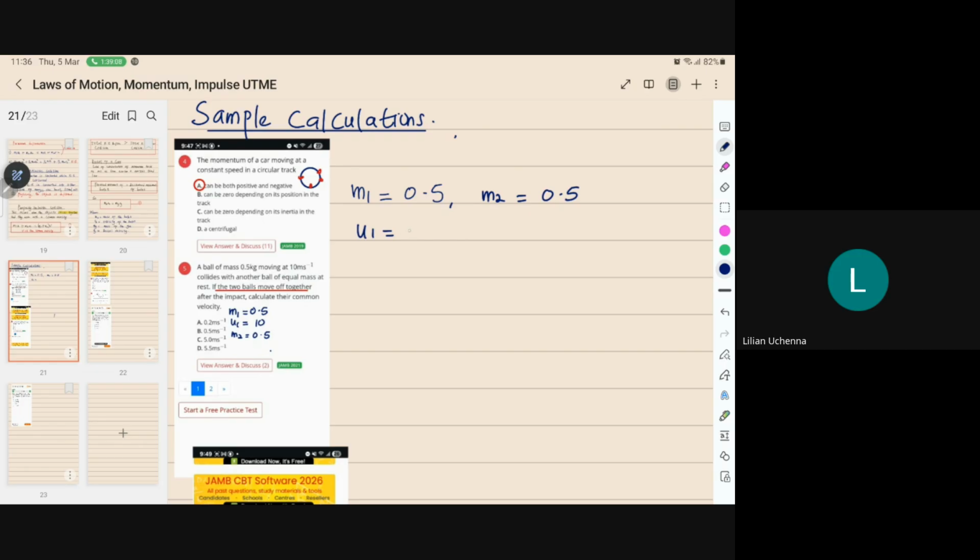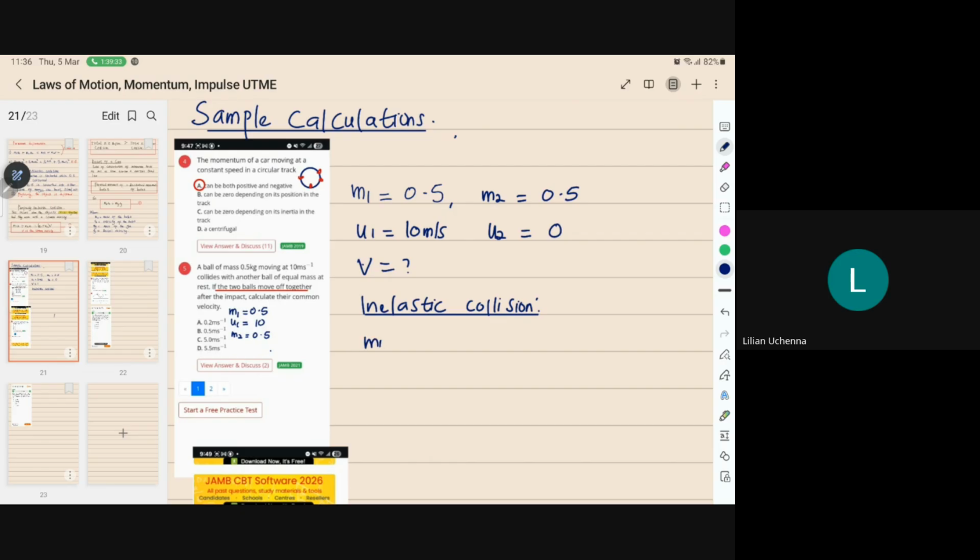So U1 is 10 meters per second, but U2 is at rest, which means it's equal to 0. Since you are looking for the common velocity V, we don't know it. This is a perfectly inelastic problem.